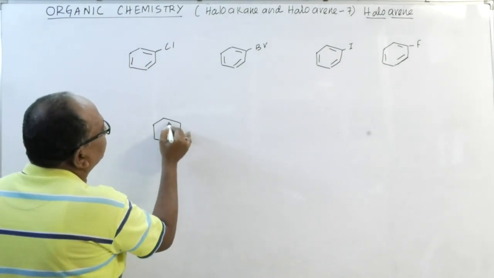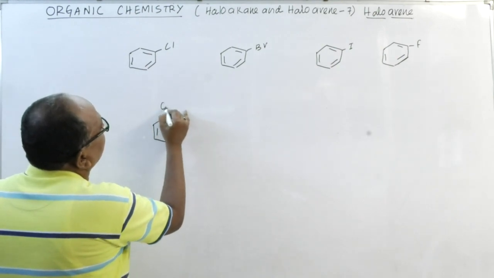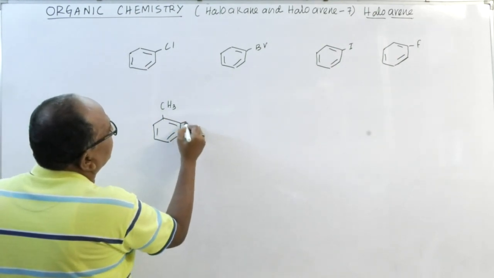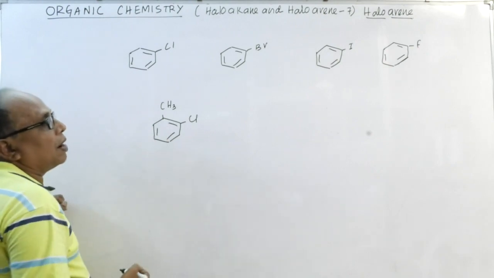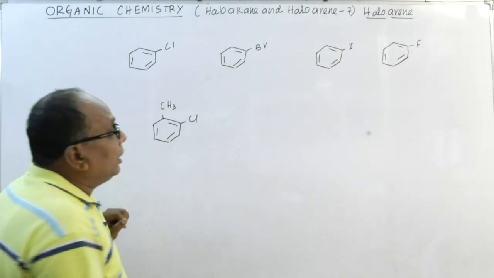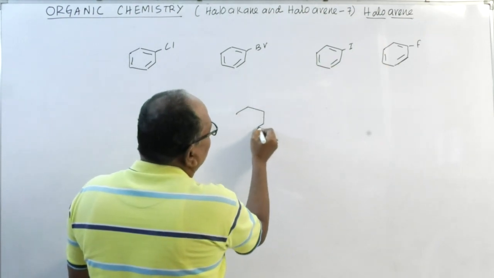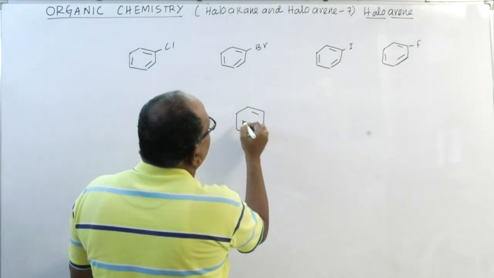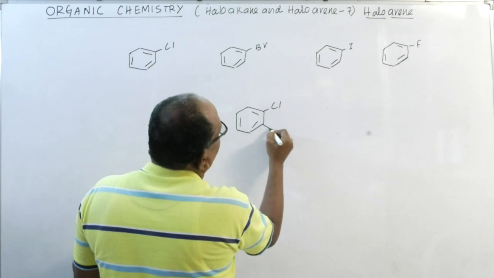It may also be a derivative of CH3Cl, that is, a derivative of toluene. Toluene means methyl benzene. This is also a halogen derivative of benzene.